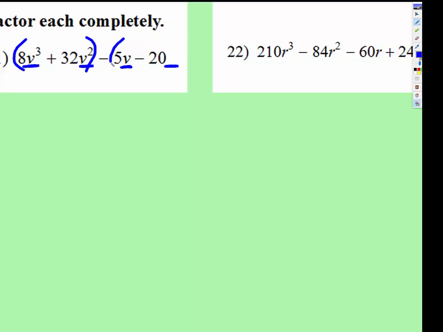parentheses around it. And then notice, this is kind of a big warning, we just put parentheses in front of that subtract sign. That did say negative 20, but now because there's parentheses, what's a negative times a negative? A positive. We don't want it to be positive 20.